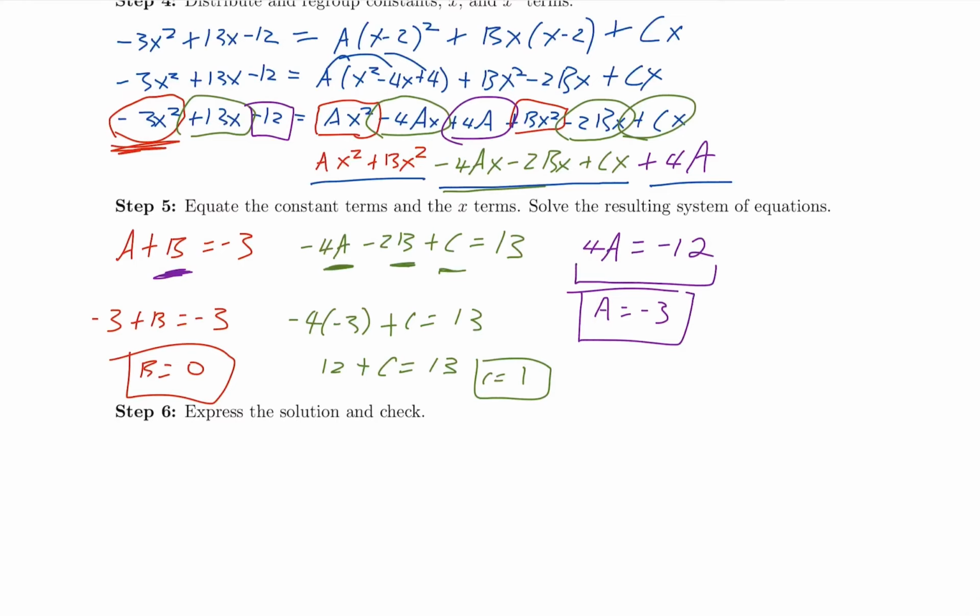Okay, so our final answer expressed in partial fraction decomposition. Let's write the three fractions first. This is how we ordered it.